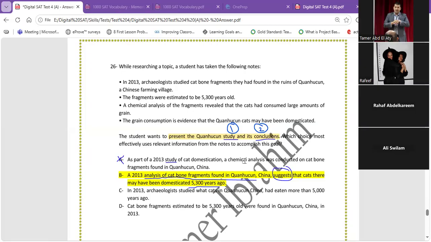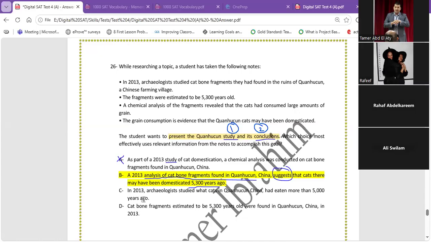He just talks about what they did. Here in B, a 2013 analysis of cat bone fragments found in Quancheng, China, okay, that's the study, suggests that a cat may have been domesticated 5,300 years ago. And here is the conclusion. The study suggests. So here are the study and the conclusion.